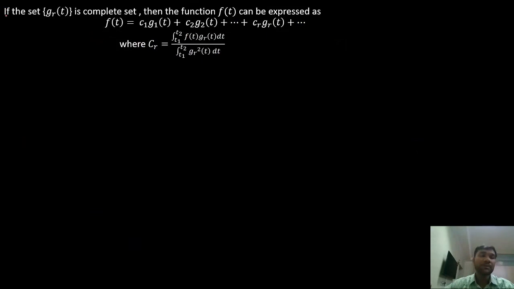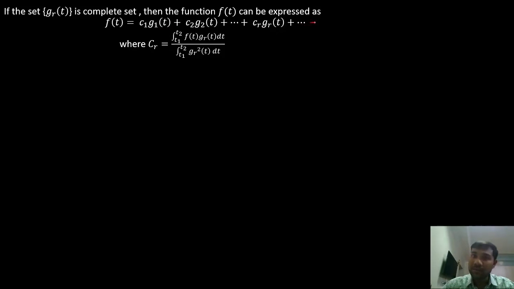In the previous video, we have seen how we can define a function in terms of multiple mutually orthogonal functions. There it was shown that f of t is equal to c1 g1 of t plus c2 g2 of t, and so on, cr gr of t.